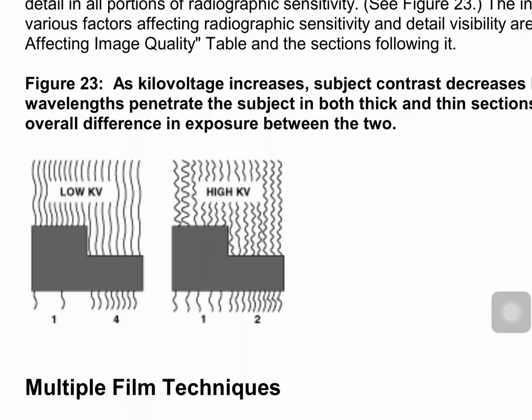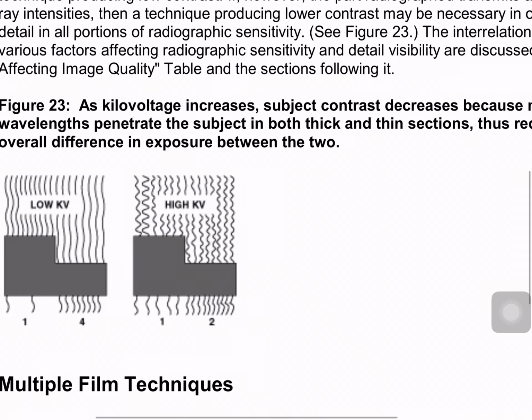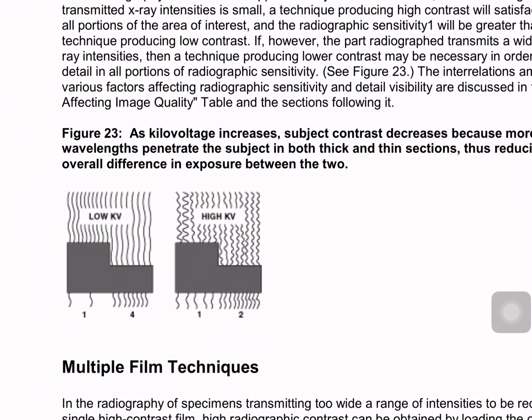And if you see the lower thickness, where it is mentioned 2, there is a difference, and the transmitted energy is more on the other side of your specimen, meaning you're penetrating the subject and you are getting more energy on the other side.